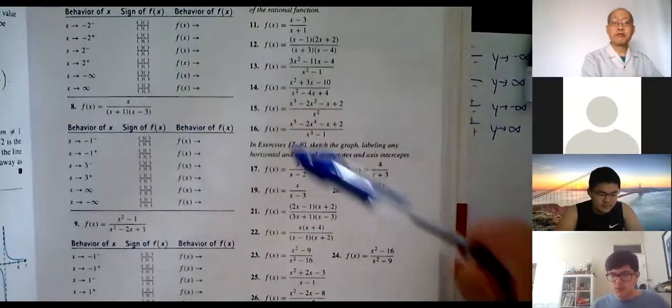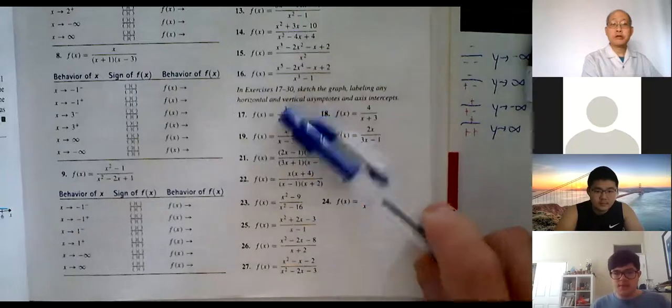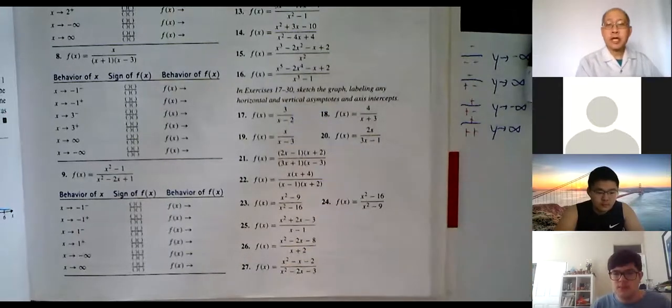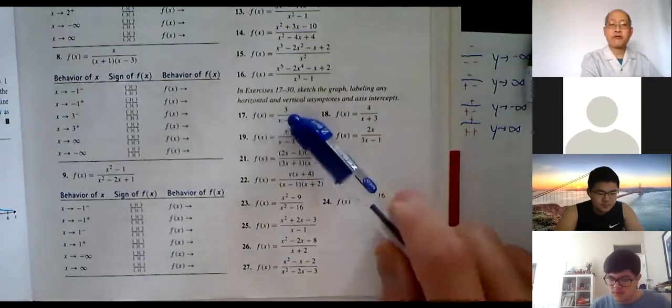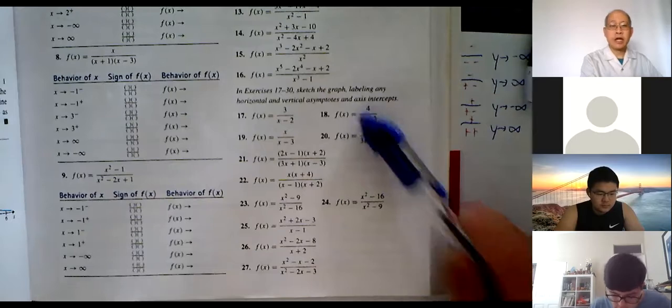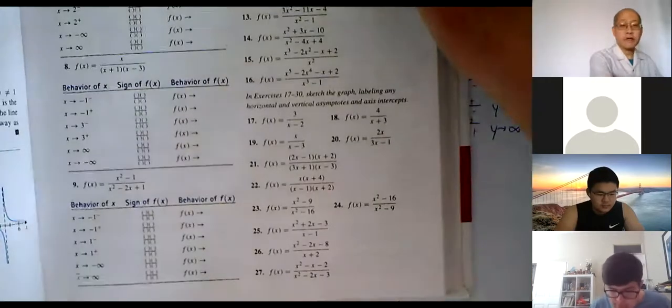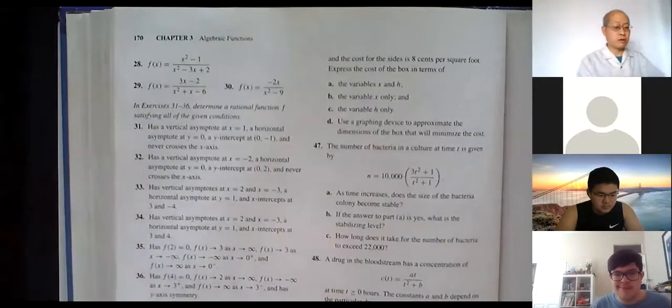Okay. So last time I did some problems up to here. So I'll show you some problems from here. Sketch the graph labeling any horizontal and vertical asymptotes and intercepts. Okay, so I definitely want to show you some of those. And then if time permits, we'll do some of this, but we'll see how it goes.